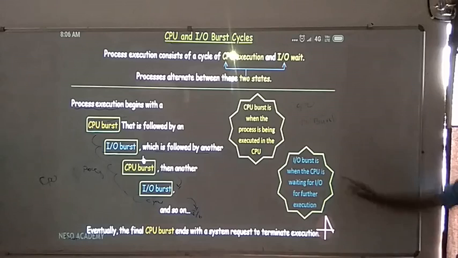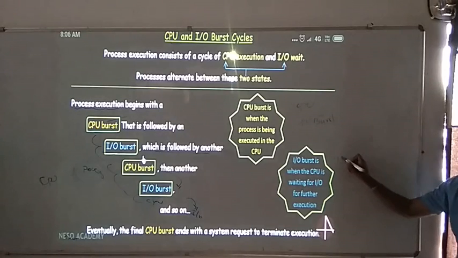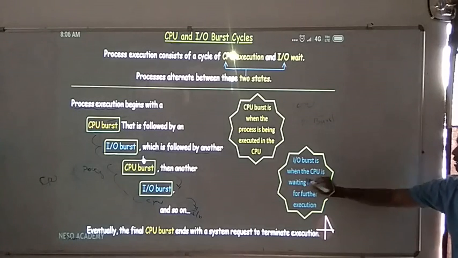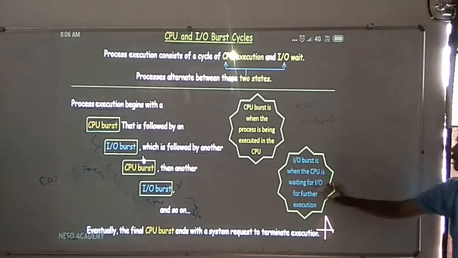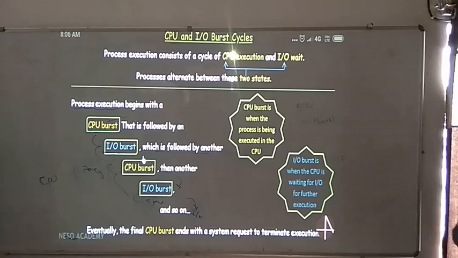Okay. And the next one that we are having is IO burst, the input output burst. Input output burst is when the CPU is waiting for the IO for further execution. Whenever the processor is waiting for the IO devices, for an IO event to occur, that time is called IO burst.